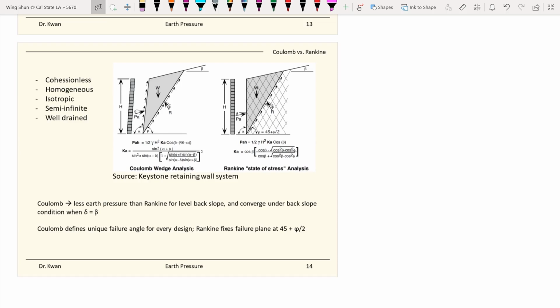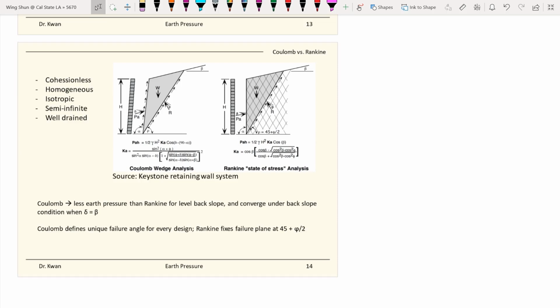Also, the whole backfill is well drained, so no buildup of water pressure if you want to use those two methods. Those are the assumptions. And overall, the Coulomb method will give you less earth pressure than Rankine's for a level backslope. Research has been done: people use both methods on the same site to assess and compare the results.